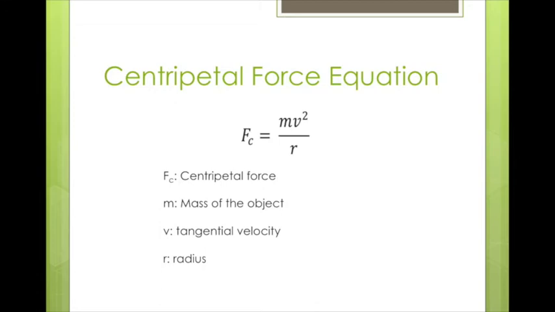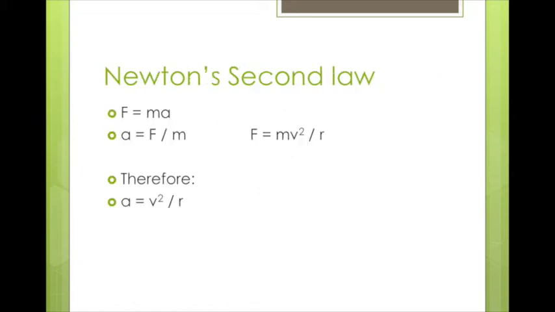The first one is that the centripetal force acting on an object is equivalent to its mass times the square of its velocity all over the radius of its circular path. When we apply Newton's second law, it states that force equals the mass of an object times its acceleration. When we simply rearrange this equation, we get acceleration equals force divided by mass.